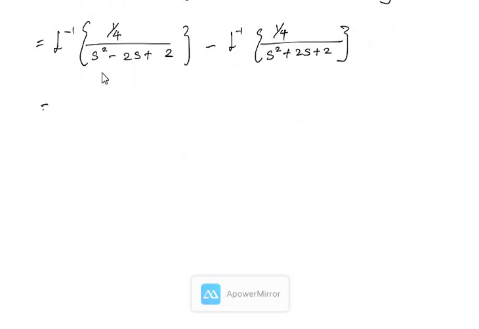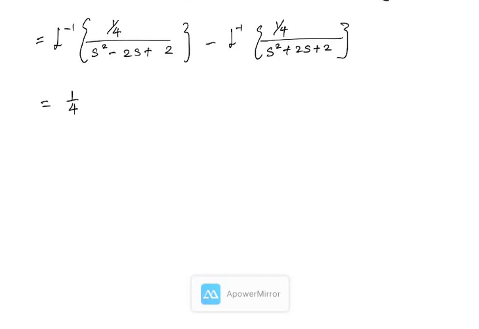Now 1 over 4 is a constant, we can take it out. Here is left s squared minus 2s plus 2. So this one, how? Can we factorize it or not?